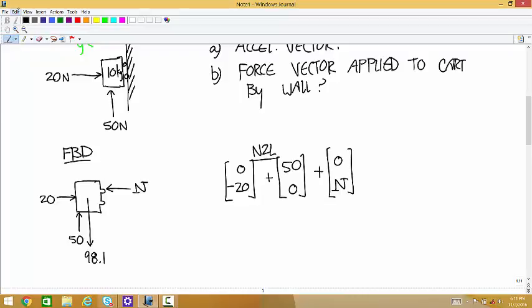Someone who's not nodding their head, tell me how you feel about the weight being in the negative x direction. I think it's sort of funny. Tell me what your feelings are. You think it's a little funny? It is a little funny. It's still down, right?